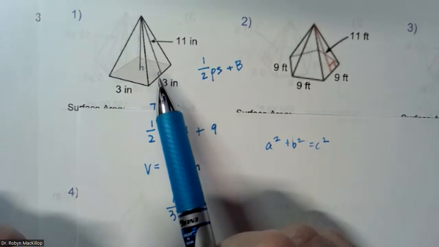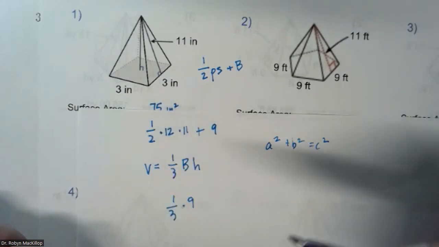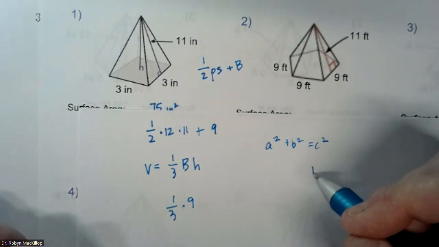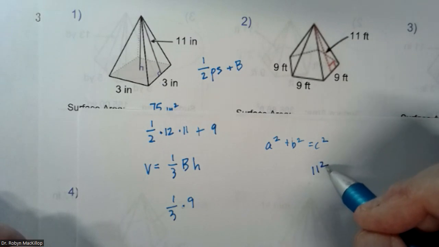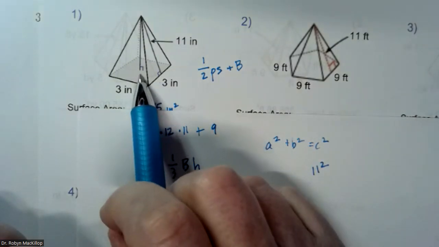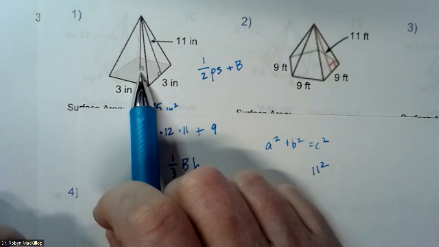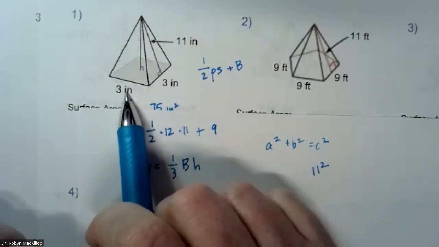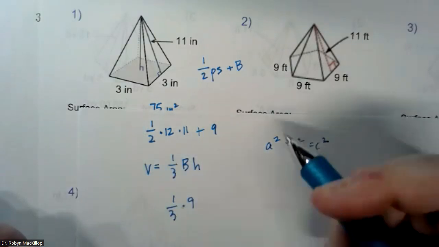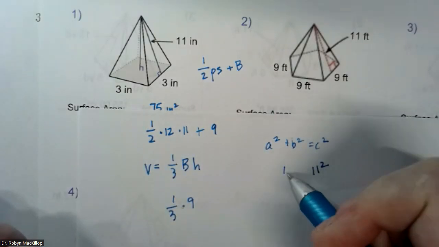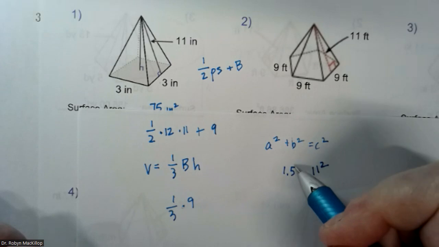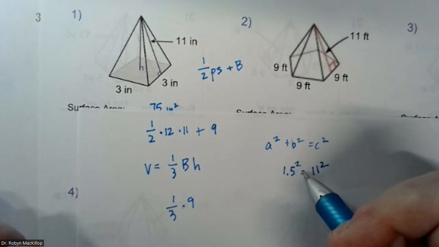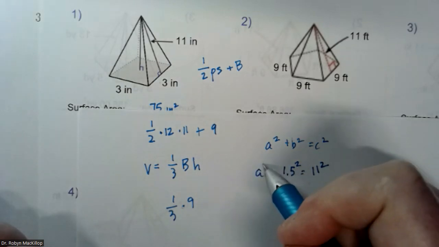We know the long side. The long side is 11. That's C. We know the bottom. This is midway. So this piece from midway to end is half of the whole side. It's 1.5. 1.5 squared. And we're looking for a squared.